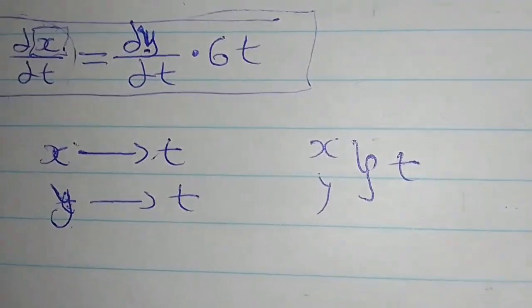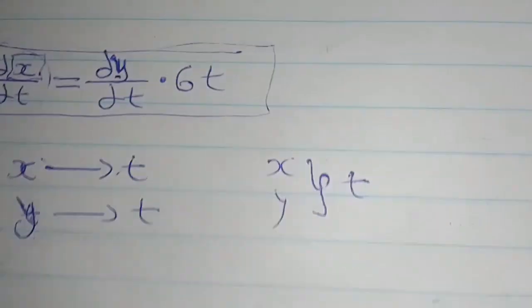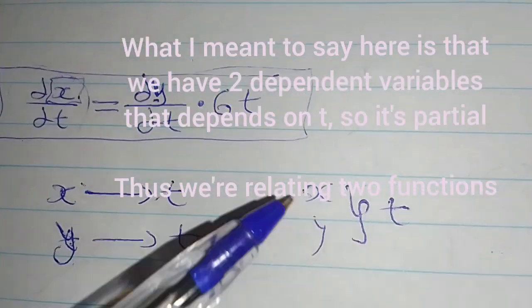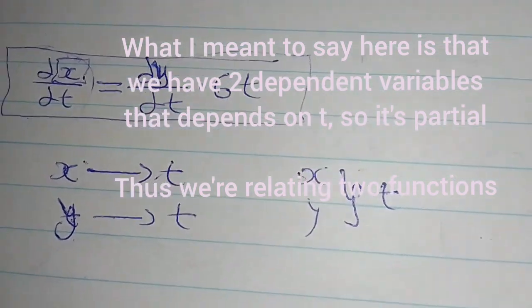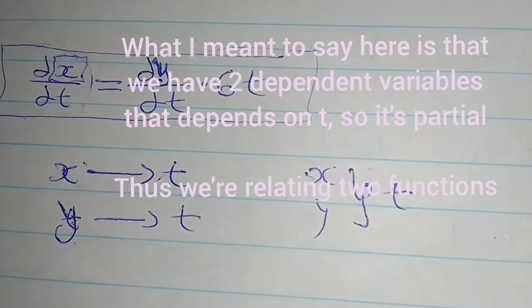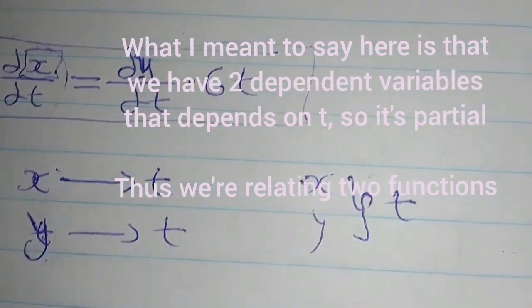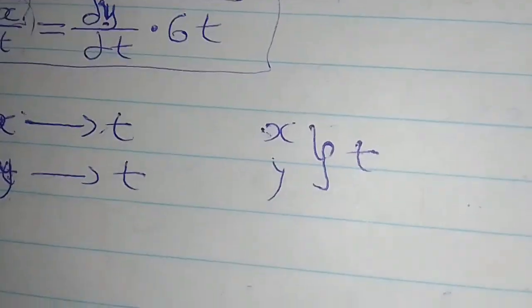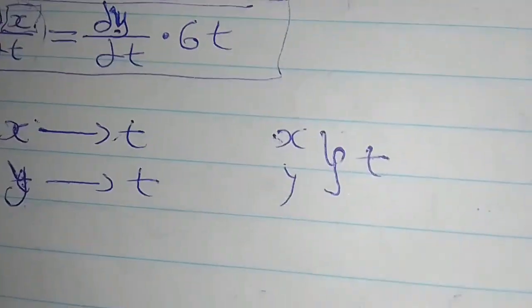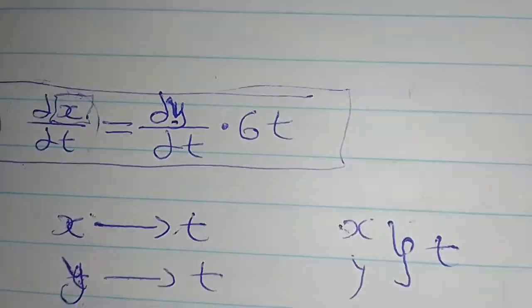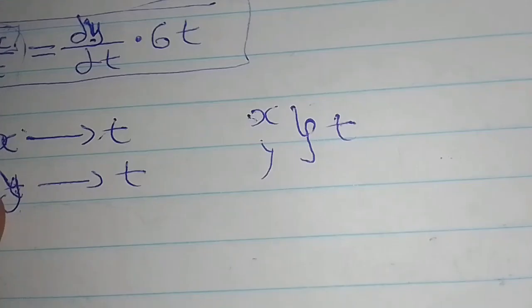So now our problem here is that we have two dependent variables, and if you check, an ordinary differential equation has to rely on only one dependent variable. When you have two dependent variables, you're relating two functions, so it's not going to be an ordinary differential equation. That will technically be a partial differential equation.